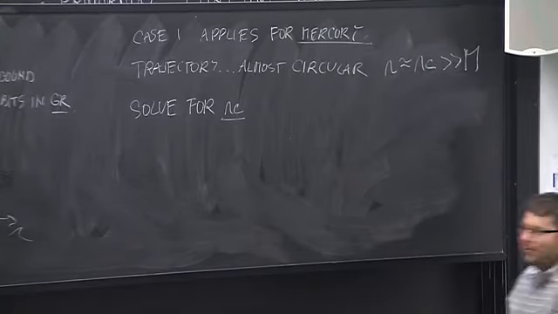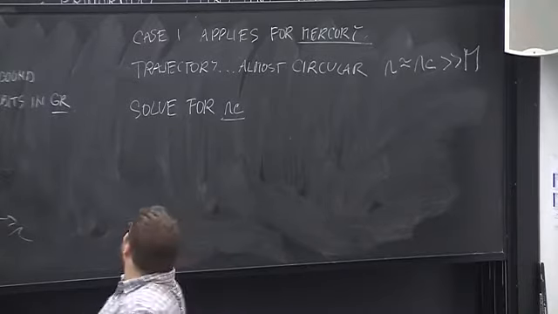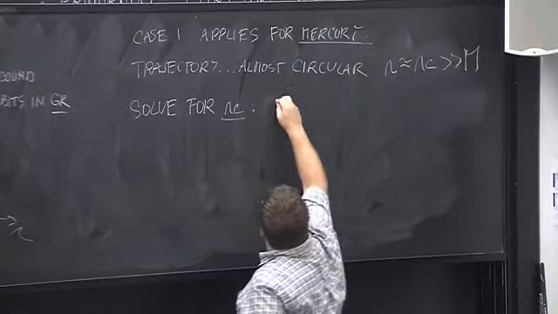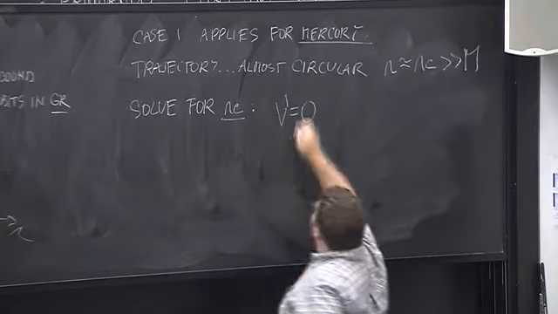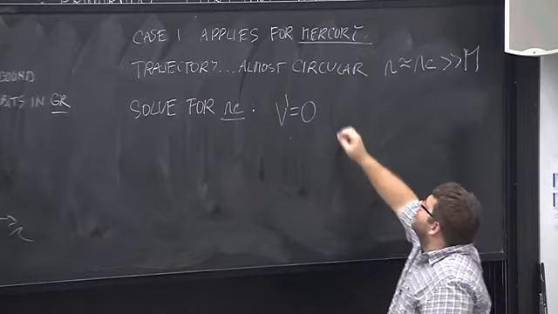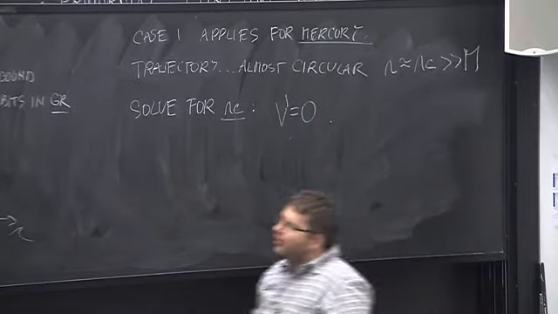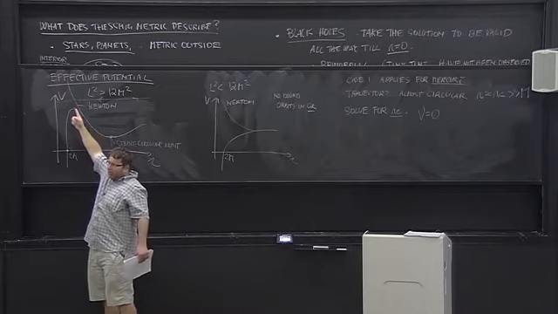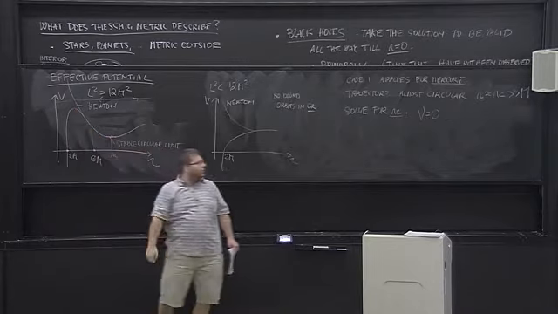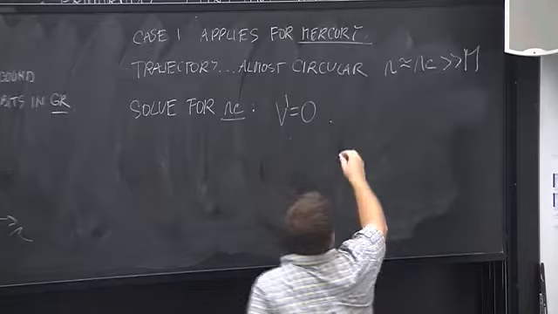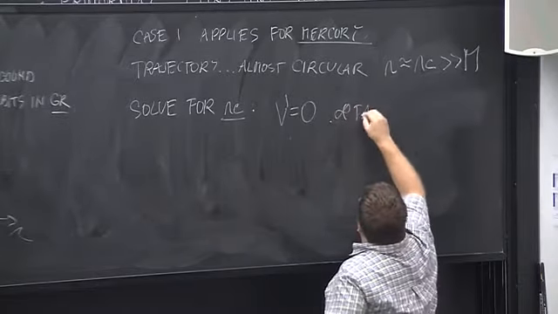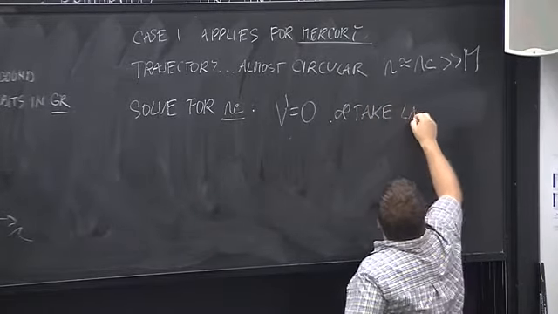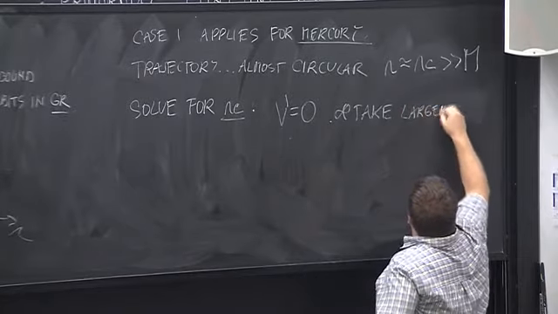You have to find the minimum of the potential. So we take V prime equals 0, and take the larger root, because the smaller root will give us a circular trajectory which is unstable. So we take the larger root.